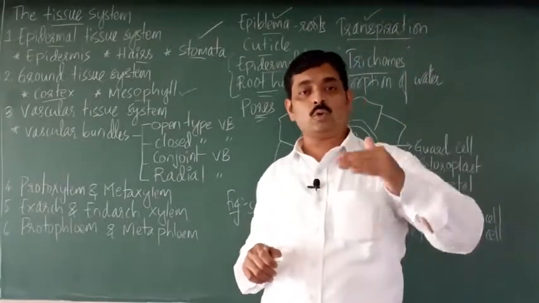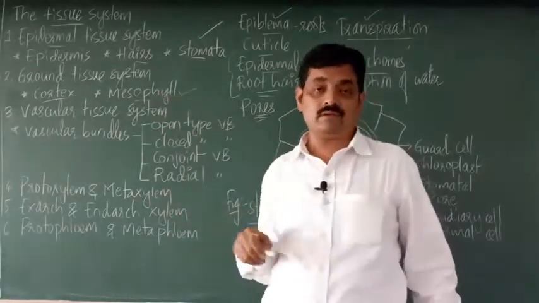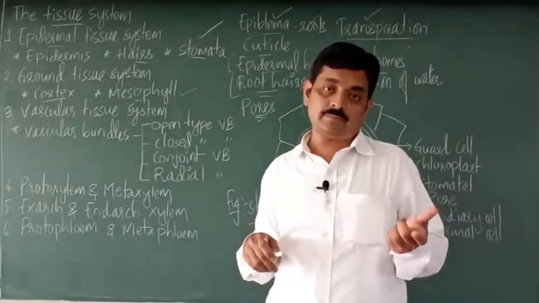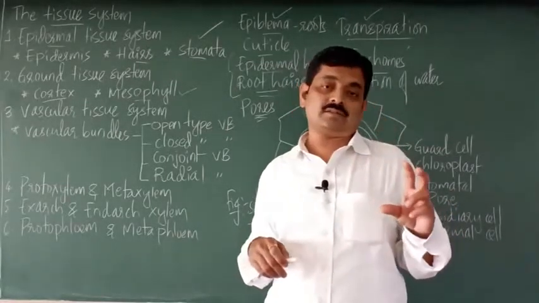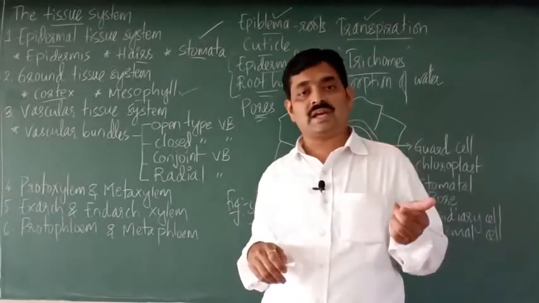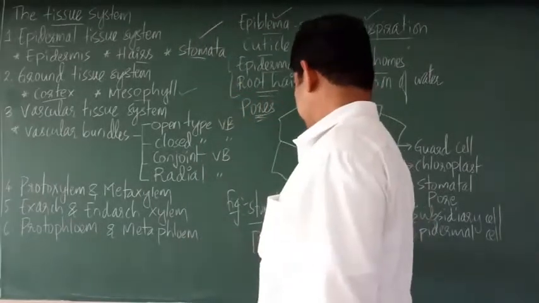Between the upper and lower epidermis there is a region called mesophyll. Now this mesophyll is composed of parenchyma cells, which are classified into two types. I will write it here.